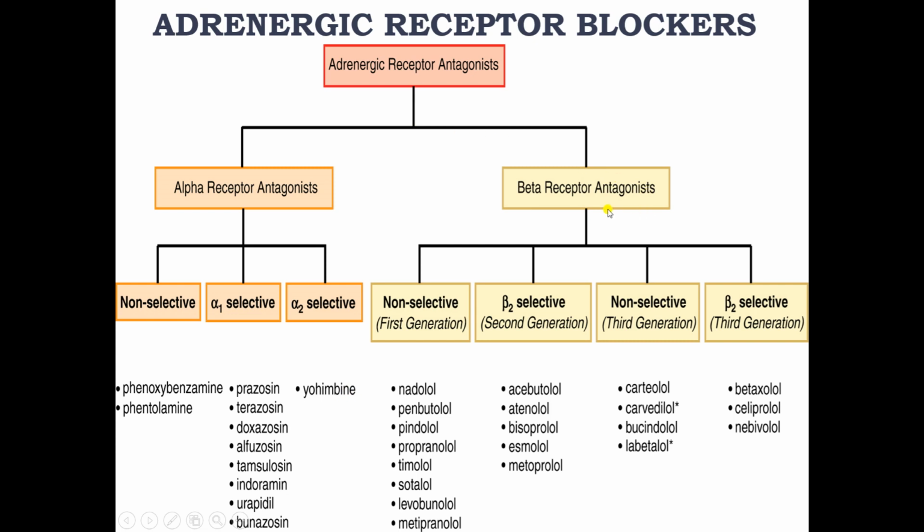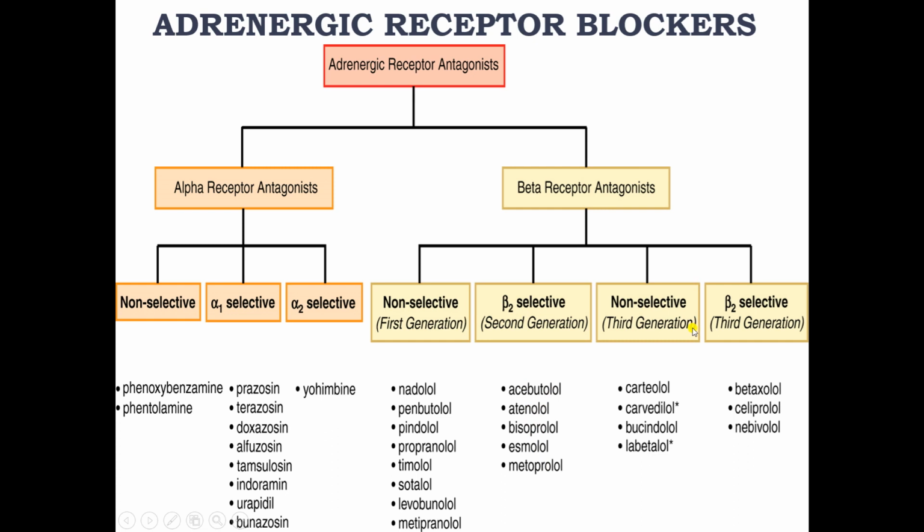When we come to beta receptor antagonists or beta blocker drugs, they can be non-selective like nadolol, penbutolol, pindolol, propranolol, timolol, sotalol. Beta 2 selective: acebutolol, atenolol, bisoprolol, esmolol, metoprolol. Sorry, here it should be beta 1 selective.